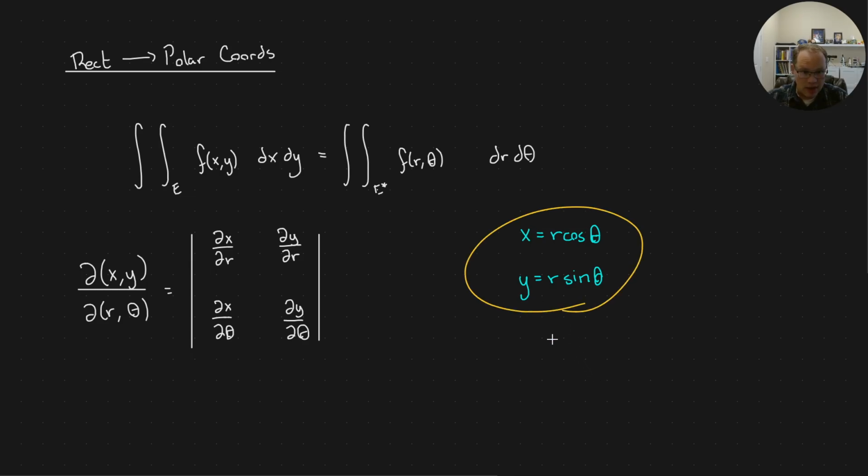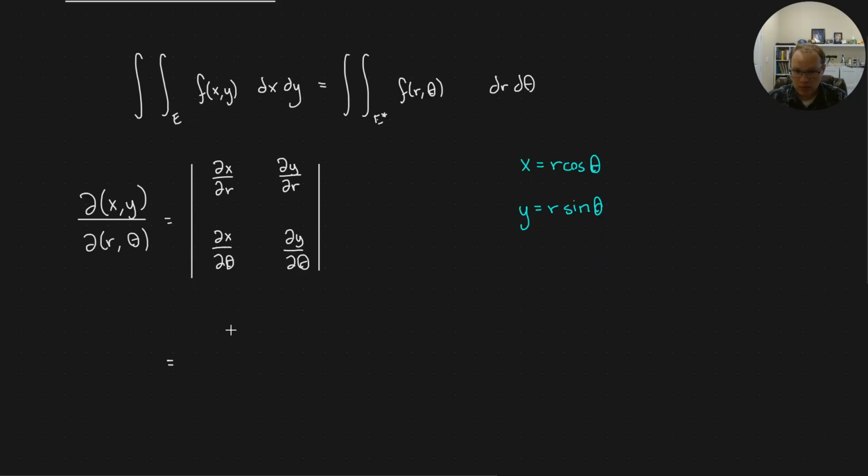So now with x and y expressed in terms of my new variables r and theta, I can take the partial derivatives and plug into my Jacobian determinant. Let me just put an underline there to remember that that's missing, right? We need to plug that in. That's what we're looking for.